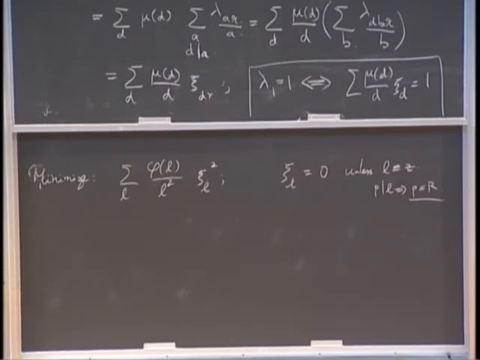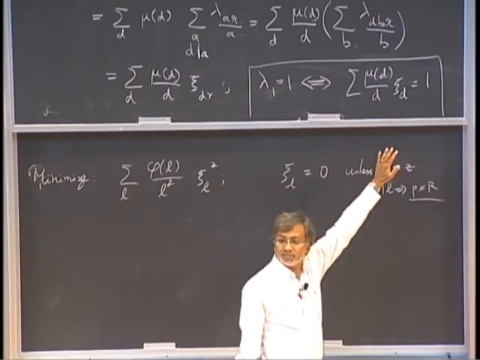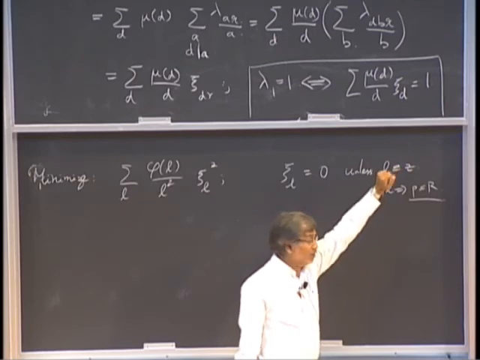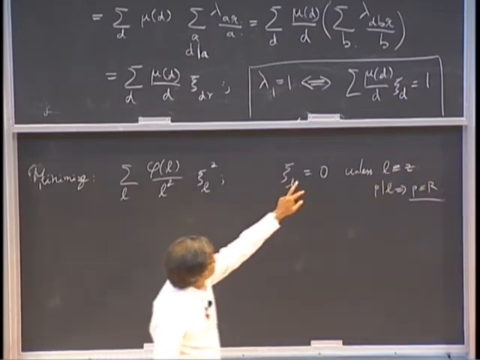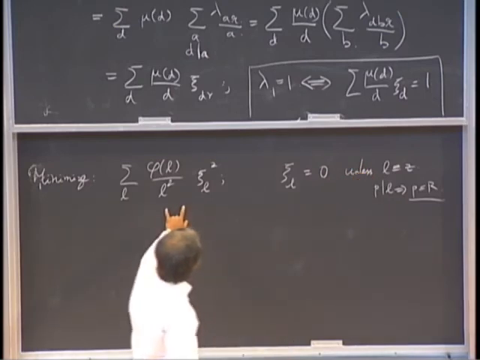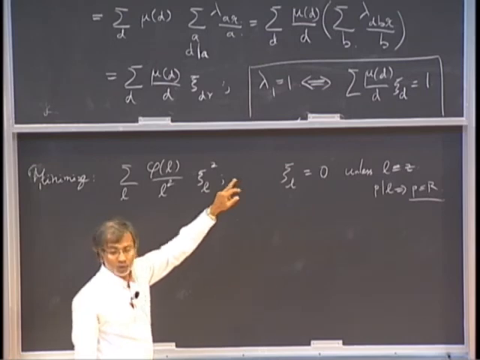Okay, so how do I minimize this? Well, I could do a number of things. I could either use Cauchy-Schwarz connecting this to that. Or you could kind of guess that if I have this linear constraint and I want to optimize this quadratic form, it's roughly when the two objects look the same.